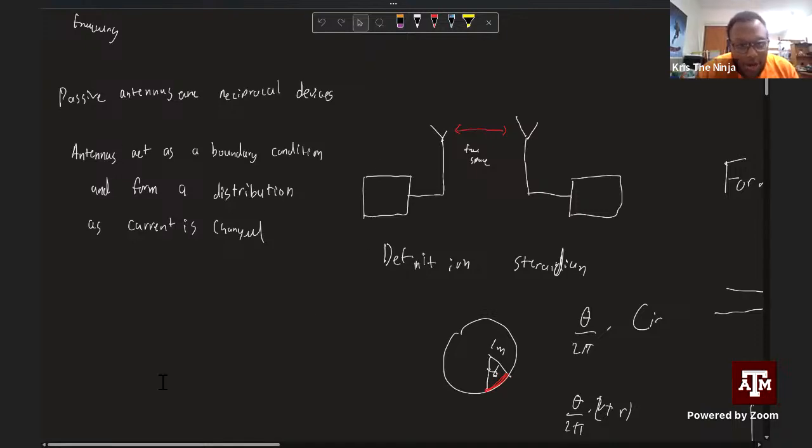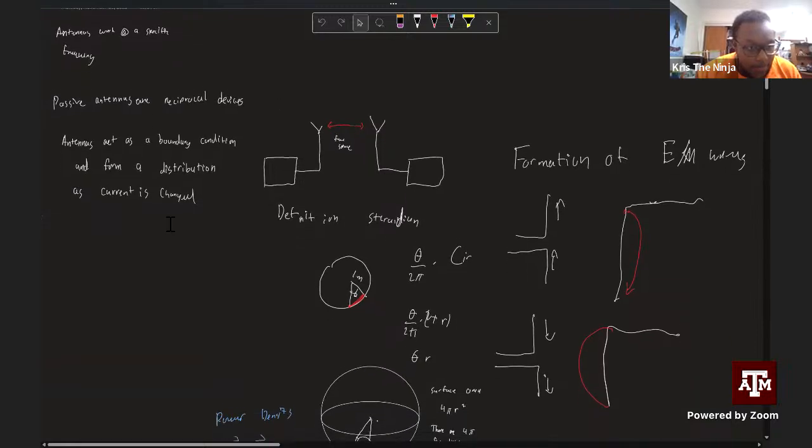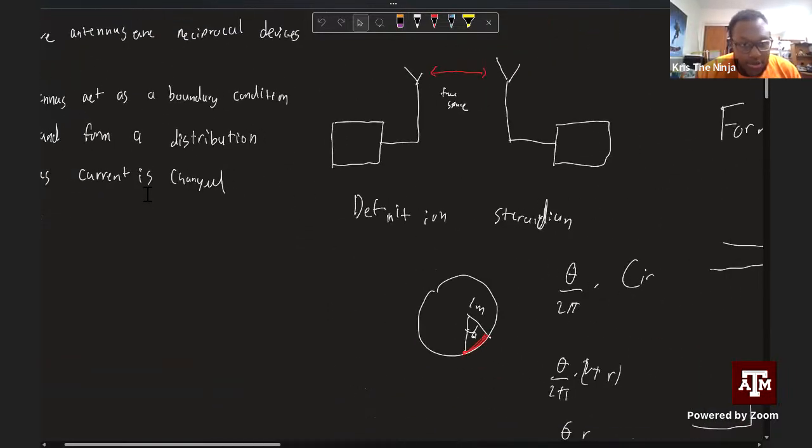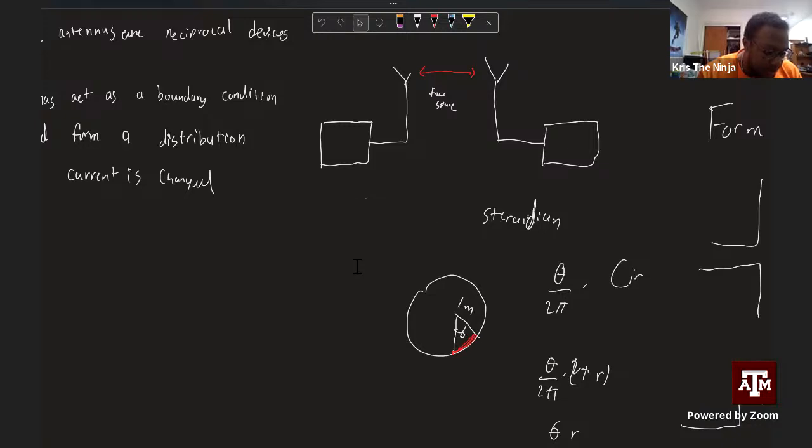This is how much nicer my writing can be. As current has changed, this says definition, and this says steradian.